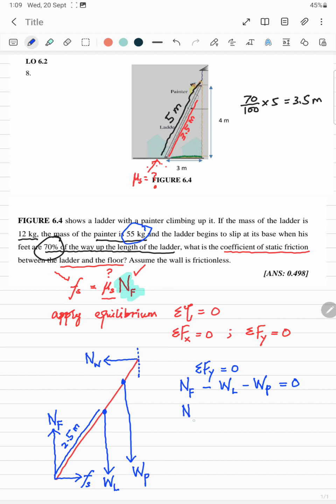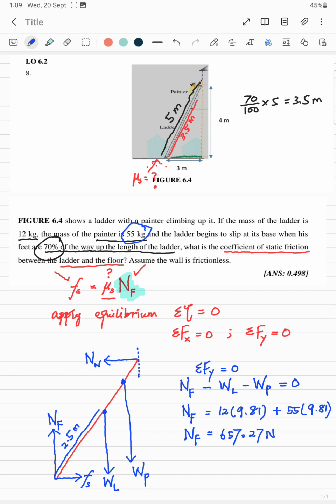So I can calculate the normal force exerted by the floor, which is equal to the weight of the ladder, the mass of the ladder, 12 times 9.81, plus the weight of the panther, the mass of the panther times 9.81. So we will get the normal force from the floor is around 657.27 Newton. So I have solved the first unknown in order to calculate the coefficient of static friction.